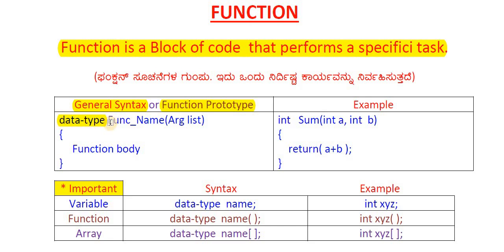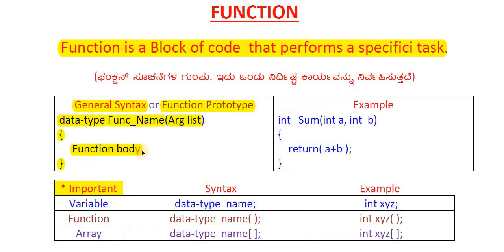So first the data type, then the function name. Whatever function name we choose depends upon the user. The user can select any name. Then after the function name, inside parentheses we have to give arguments. Arguments are parameters. After the data type, function name, and argument list, comes the function body.